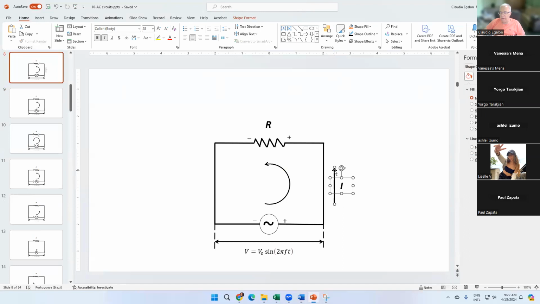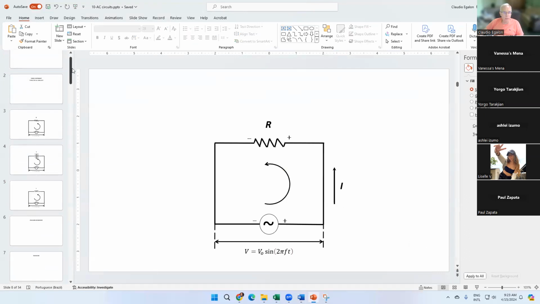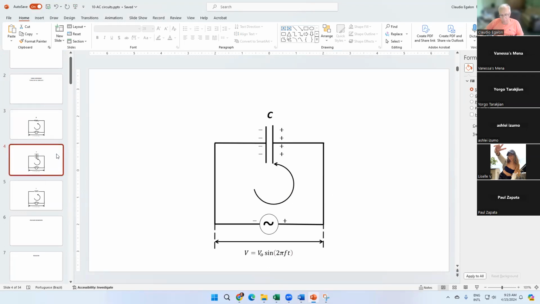Let's say at a given instant of time, the current in this circuit is flowing in this direction. Look what's happening here. This generator is pumping the current in this direction, and this plate of the capacitor is becoming positively charged. Here's the loop direction that I already included here.